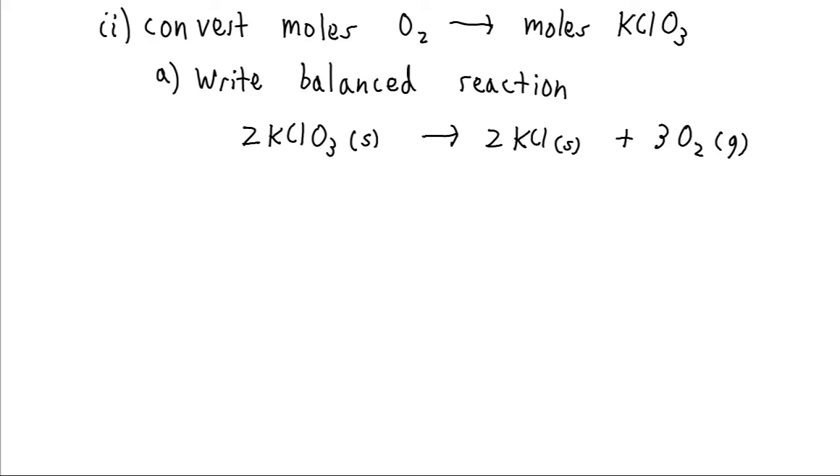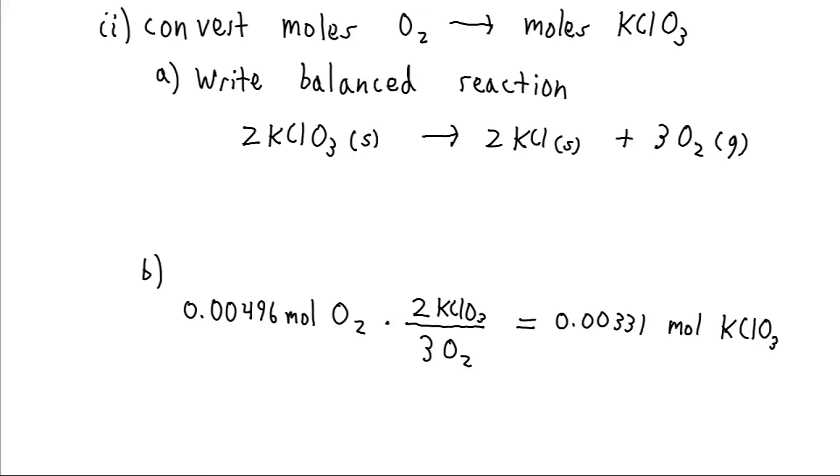And we can use that to get from moles of one to moles of the other. So take our 0.00496 moles of O2, and for every 3 O2s, we get back 2 KClO3s. So multiply by that ratio to get rid of the O2 and get KClO3. You get 0.00331 moles of KClO3.